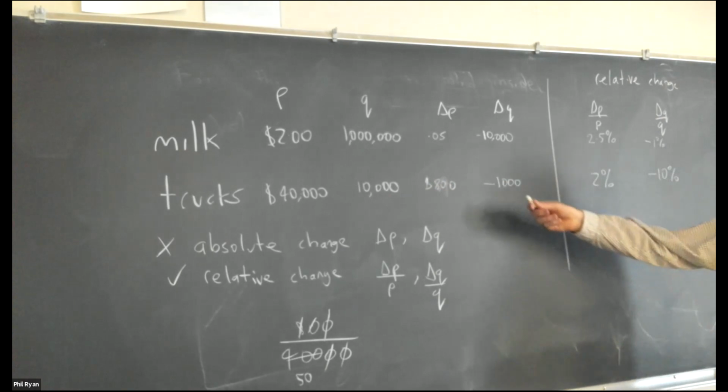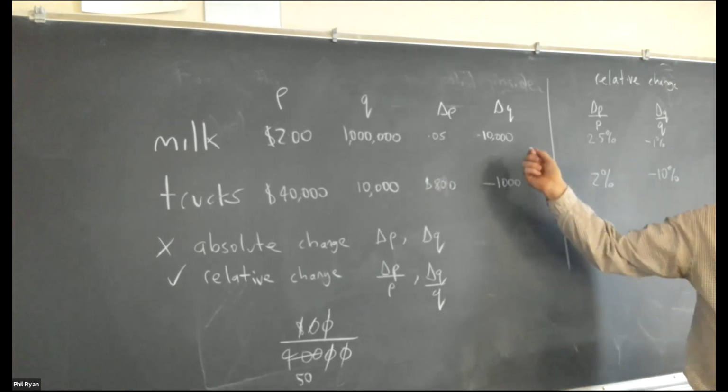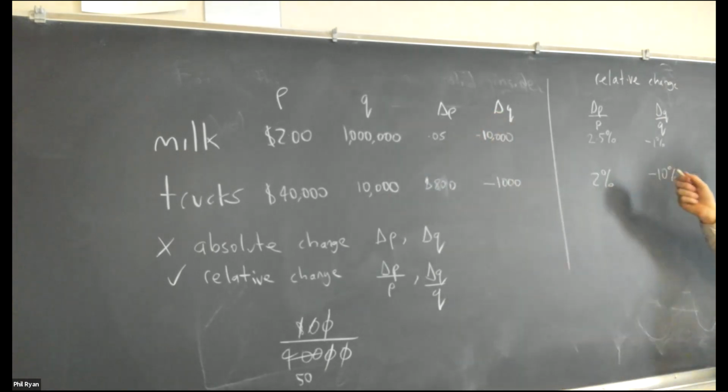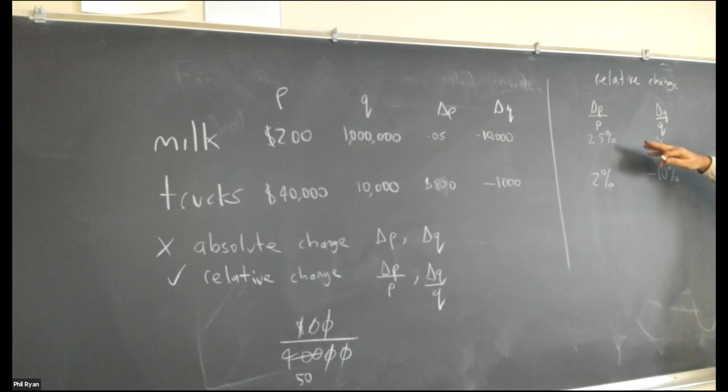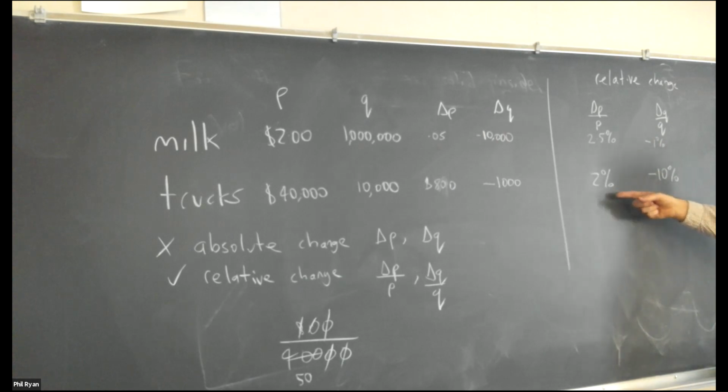Okay, so what was really opaque over here now sort of becomes crystal clear when we look at it like this, doesn't it? So we're saying that a rise of 2.5% in milk price only leads to a 1% fall in demand, whereas here a 2% rise leads to a 10% fall.